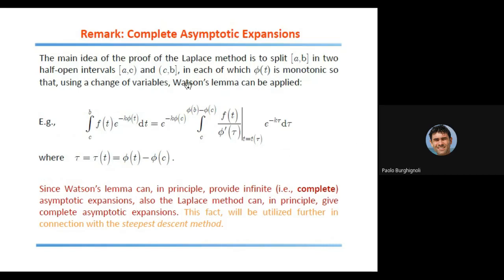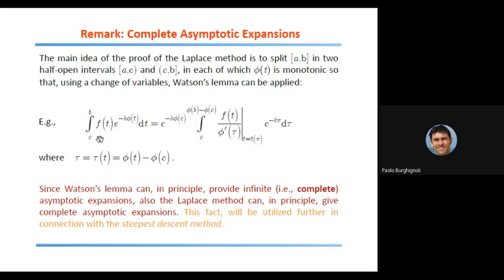So the main idea in the proof of the Laplace method is that you should split the entire integration domain into half open integrals on the left and on the right of the minimum point C. On each of those, phi is monotonic, because by assumption our first derivative was different from 0 at points different from C, so that by suitably changing variables on those half integrals you may use Watson's lemma.